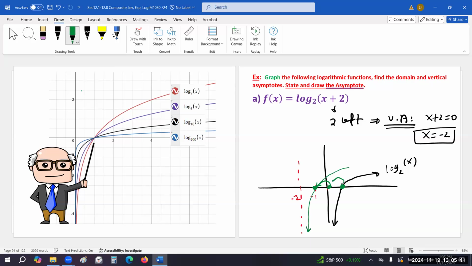So this is what we get: log base 2 of x plus 2. Please remember, log graphs, before transformation, always go to x value 1. So log always has x-intercept 1.